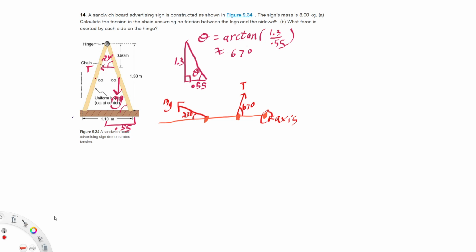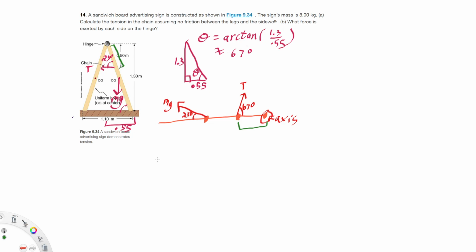The distances are also going to take a little work to get at, right? So this distance here, this distance right here.